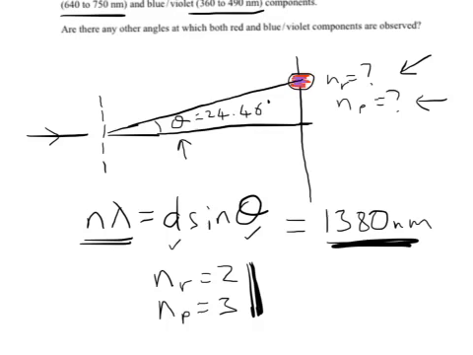Let's draw that out in a little more detail. This is the second red one, so within that same distance x we have 2 fringes, not counting the centre fringe. Going back to the blue-purple, we have 3.